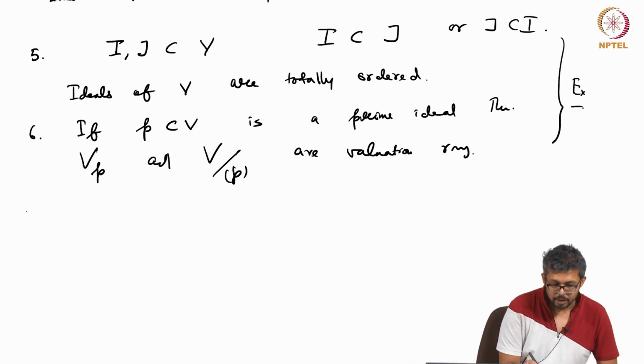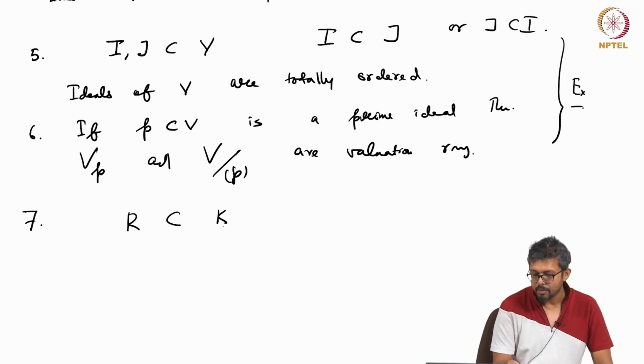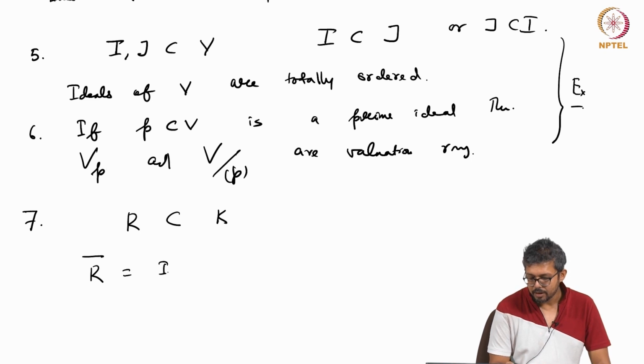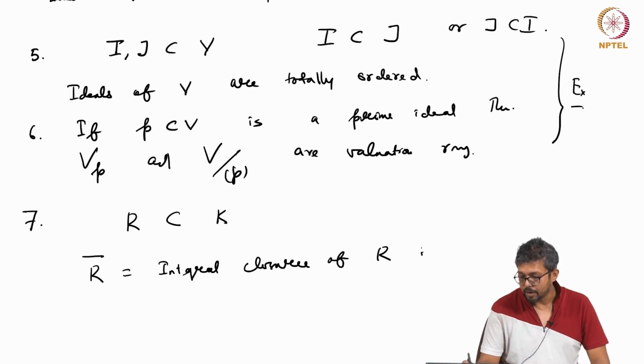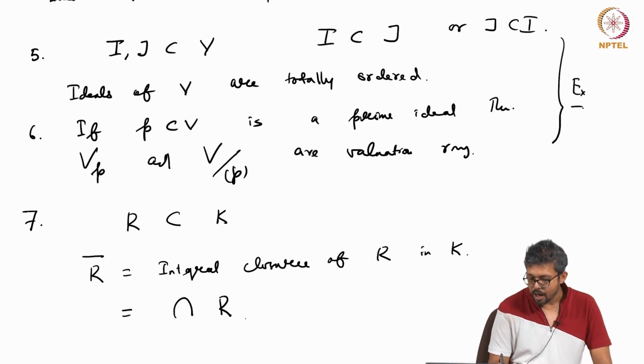Another important thing is that, remember, you started with a valuation, you are taking a subring of the field. Now consider the integral closure of R in K. Then R bar you can write as the intersection of R_V, where V is a valuation.